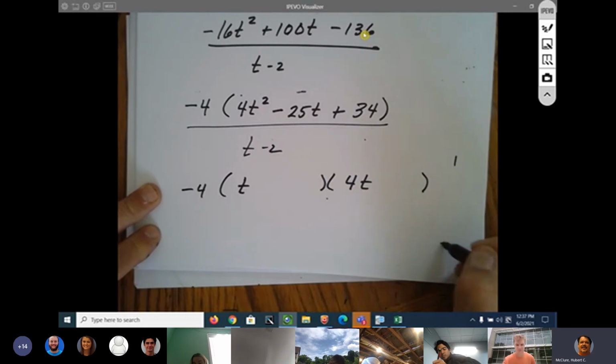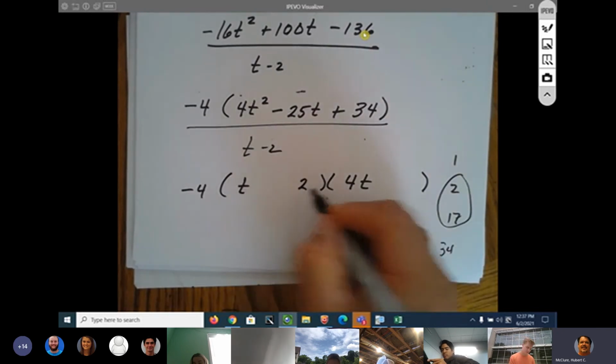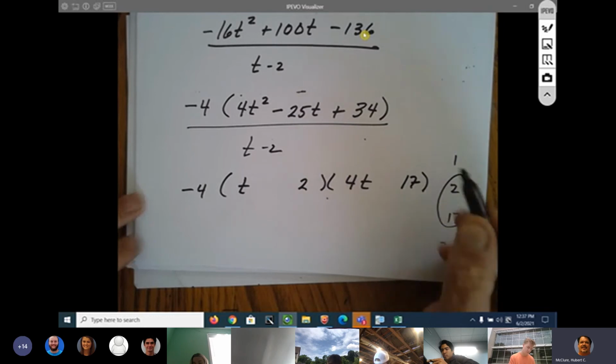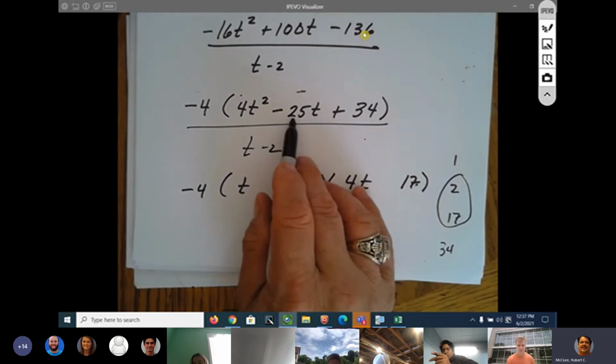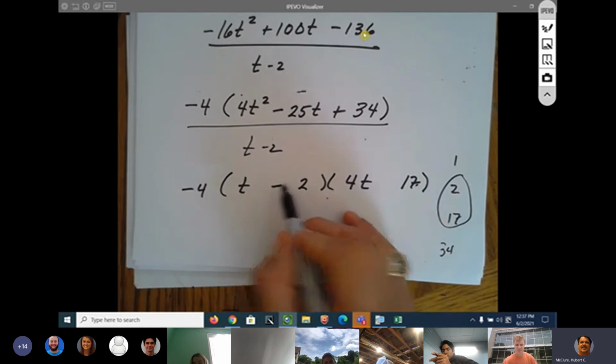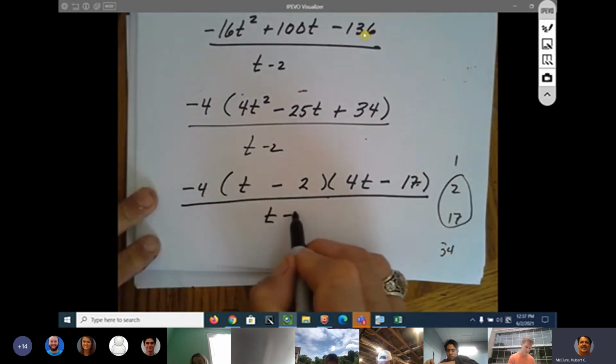Well, that's 1 and 34, 2 and 17. So chances are it's going to be 2 and 17. So a 2 here and a 17 here. 17 and 8 will give you a 25. That'd be a negative and a negative. Now we're cooking with peanut oil.